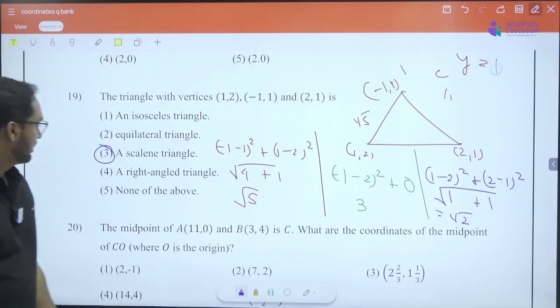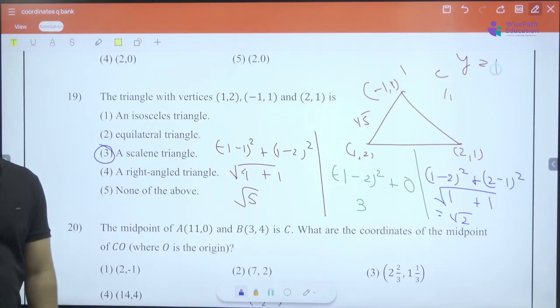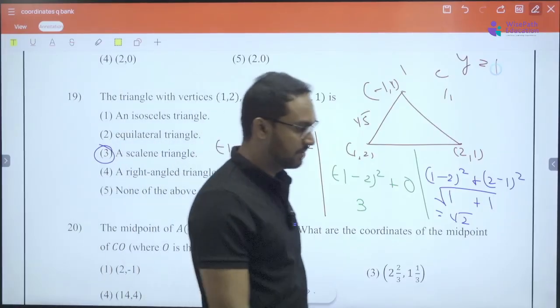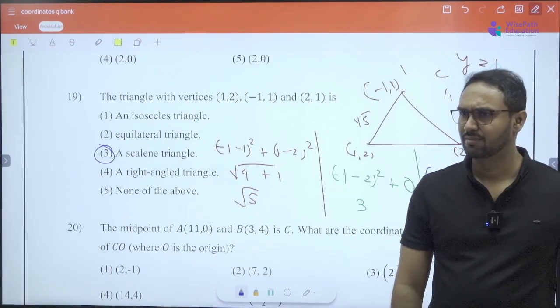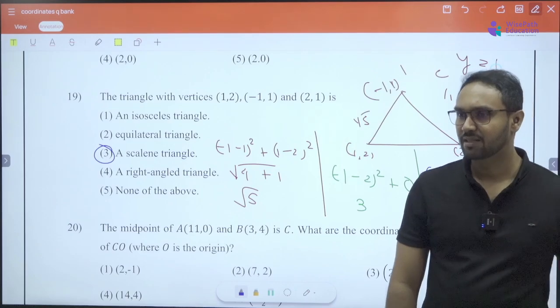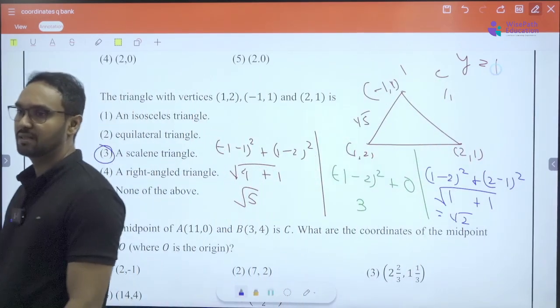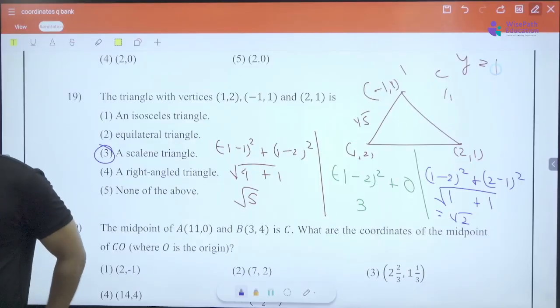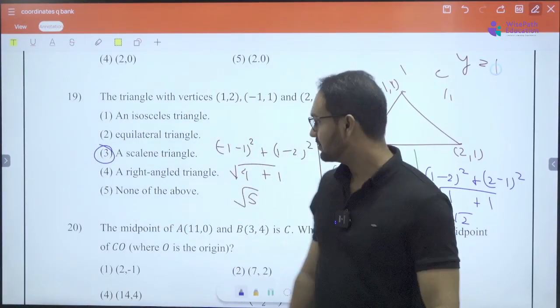So none of the above. Scalene means the 3 sides are uneven. Isosceles, equilateral, scalene.